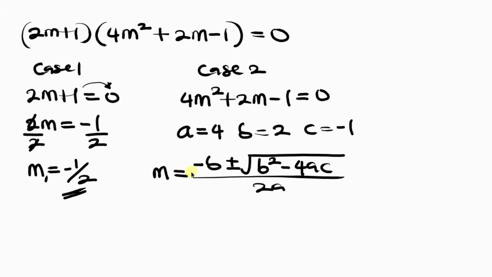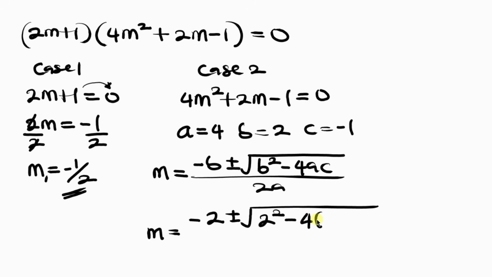Now let's substitute. So our m will be negative b, that is negative 2, plus or minus the square root of b squared, that is 2 squared, minus 4 times a times c, so 4 times a is 4, times c is negative 1, all over 2 times a, that will be 2 times 4.